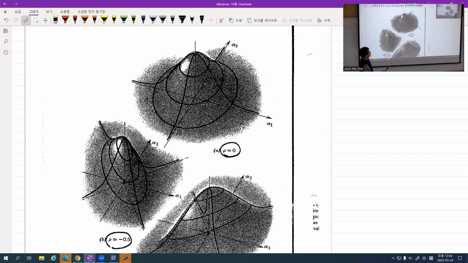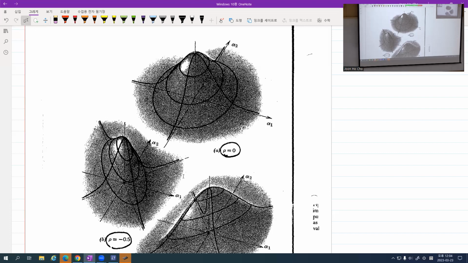But anyway, rho equals 0 means covariance is 0, uncorrelated. And in a complex Gaussian case, proper if and only if uncorrelated real and imaginary. So you have a circularly symmetrical joint density.